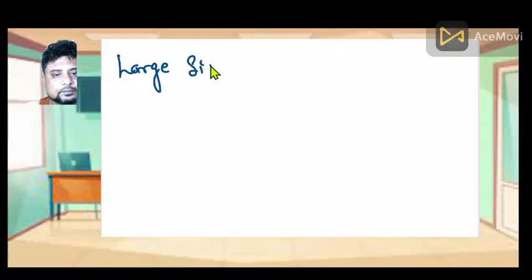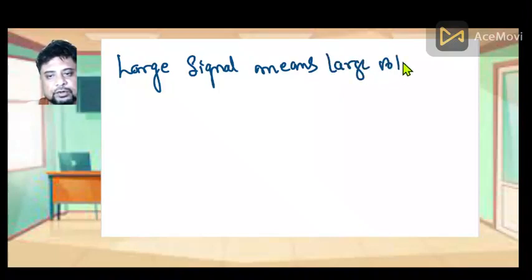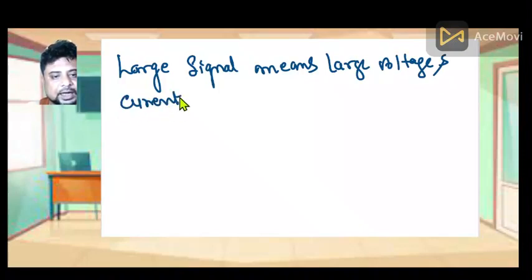Now, a signal is large in terms of voltage or current. For example, loudspeakers require large voltage and current, and your Bluetooth device requires power in milliwatts. Large signal means large voltage and current, like those used in speakers.